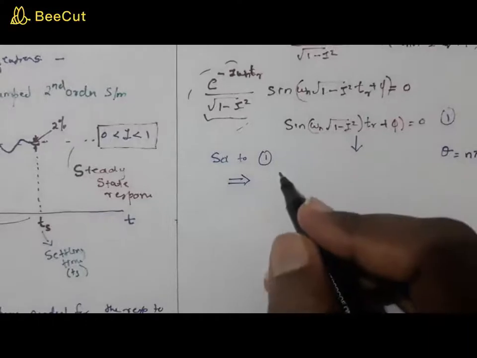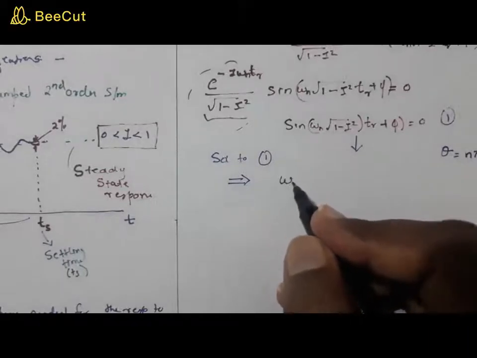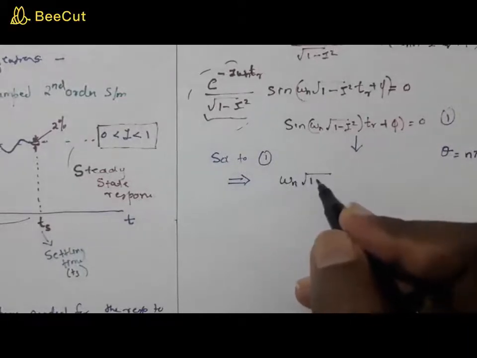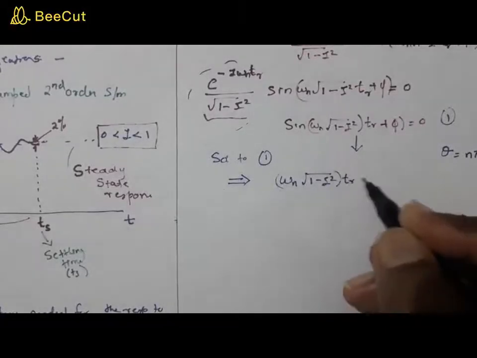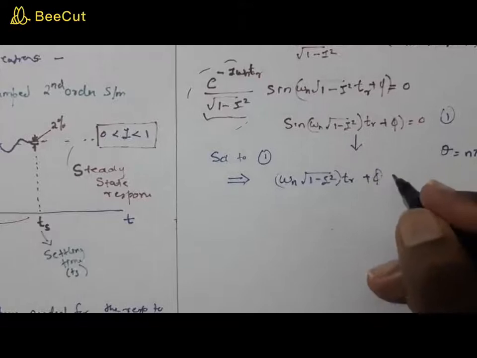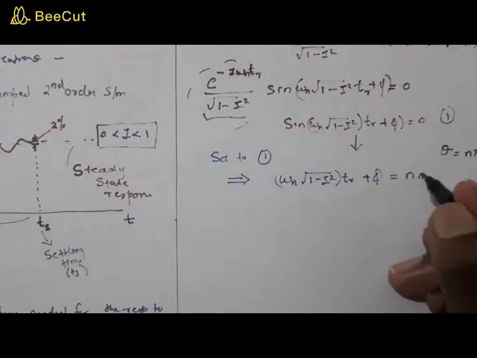So that means you can say that omega n into root of 1 minus theta square into TR plus phi, that is theta, and this theta is equal to n pi.